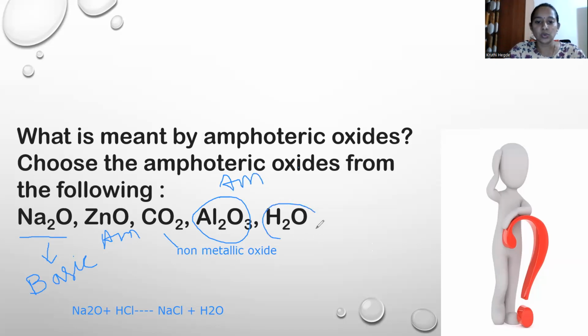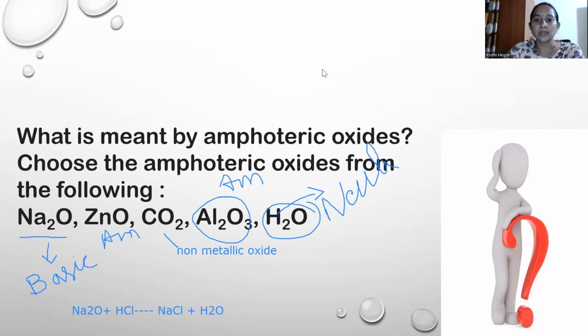And H2O, here hydrogen is there. We cannot consider it as a metallic oxide or non-metallic oxide. It's actually water, so it is neither acidic nor basic. It is neutral. It is not amphoteric in nature, right? So that's all about amphoteric oxides.